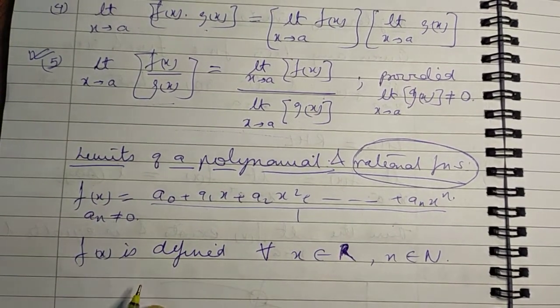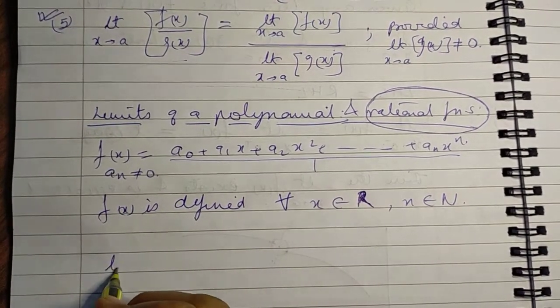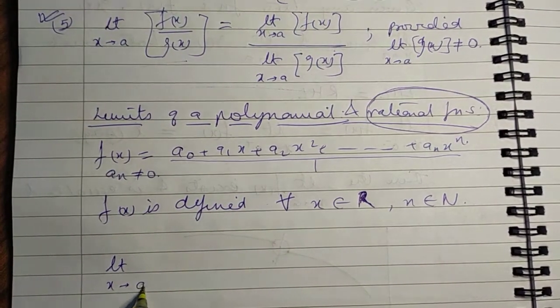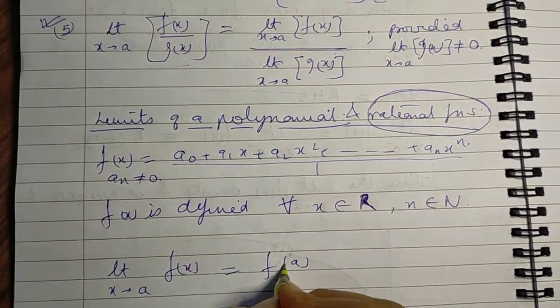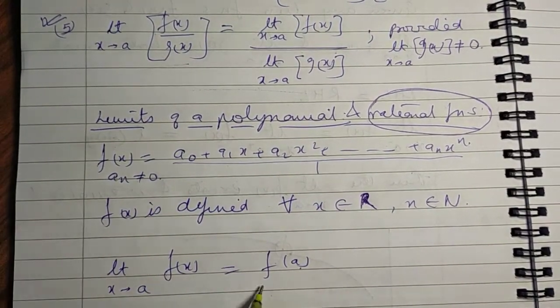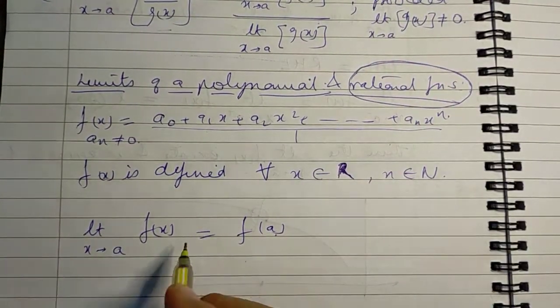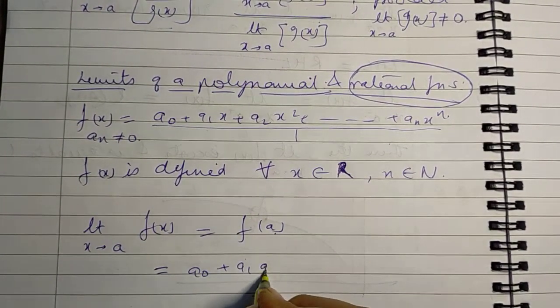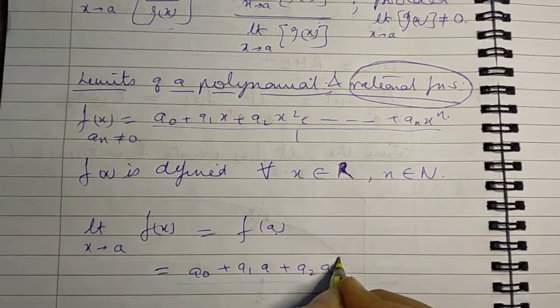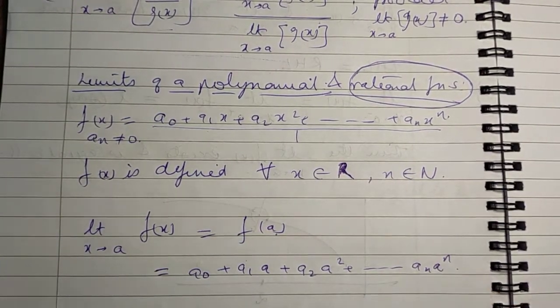In such a case, the limiting value of the function as x approaches a is the same as the value of the function at x equal to a, because there is no value for which the function is not defined. So it will be equal to a0 plus a1a plus a2a squared plus so on up to an a raised to the power n.